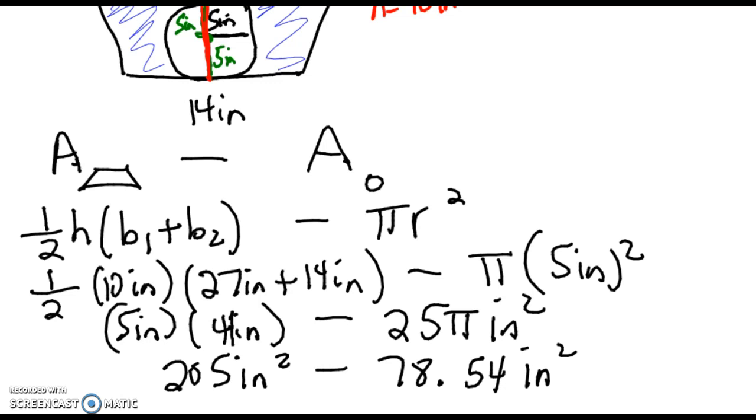Find the difference of those two. And we find that the area of the blue region that remains inside the trapezoid once we remove the circle is about 126.46 inches squared.